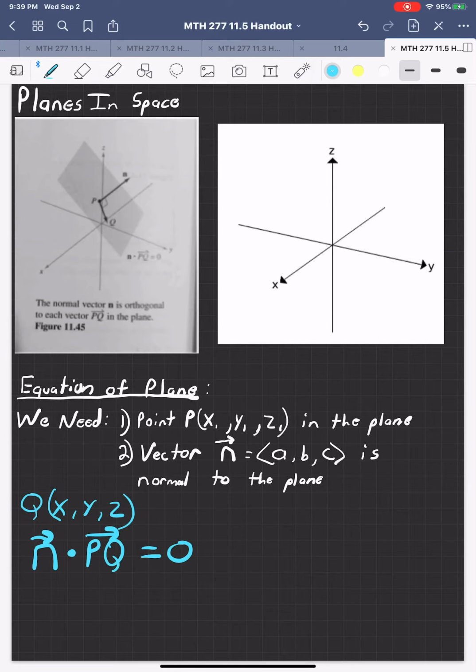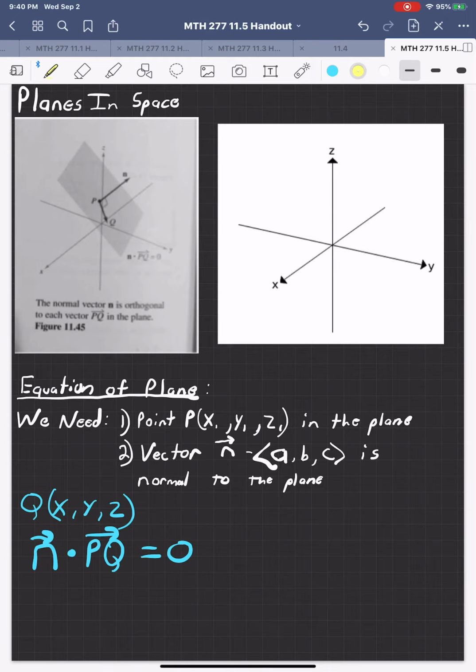And now the rest is easy. Let's just plug in, just like before. Let's plug in for n, let's plug in for P to Q, and then we're all done. I already have n defined for us.